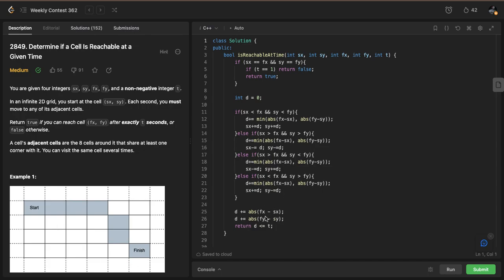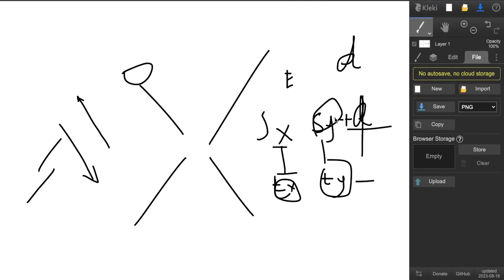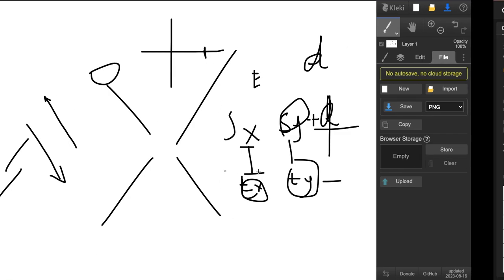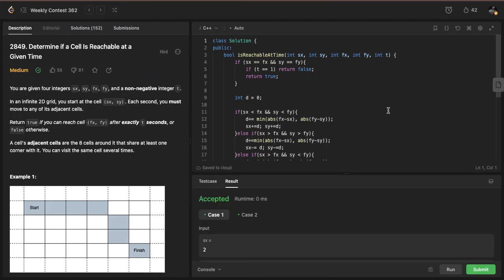And finally, we just did the final move that I said. We just subtracted the remainder from this one. So after we have put them on the same vertical or horizontal, subtracting x or y will just give us 0, and this one will just give us that small value left for us to hit our target. And so this is the solution, and this should work, and it works in constant time.